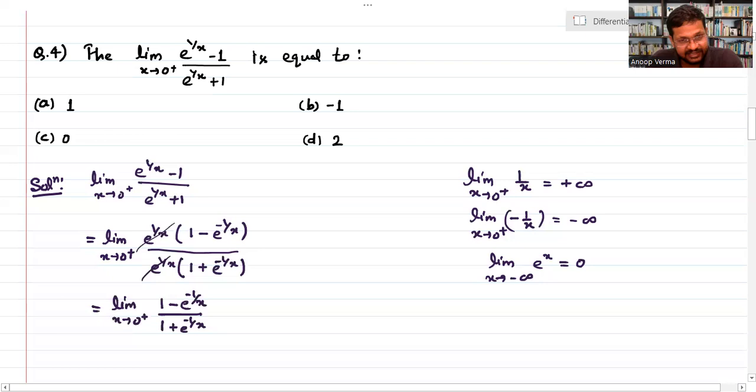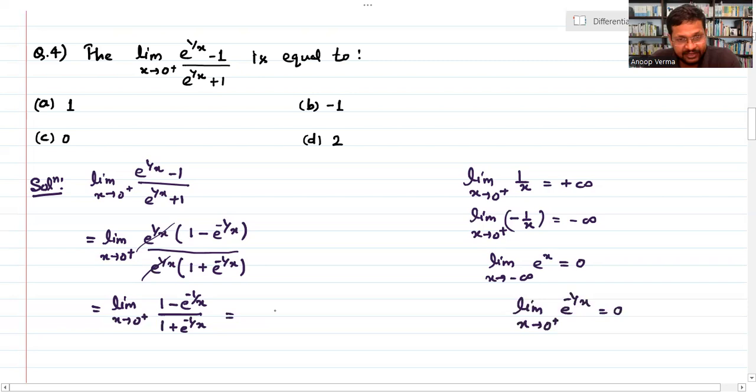Now look, we are applying the limit x tending to 0 on this minus 1 upon x. Because this 1 upon x will be tending to minus infinity, then e to the power minus 1 upon x will be tending to 0.